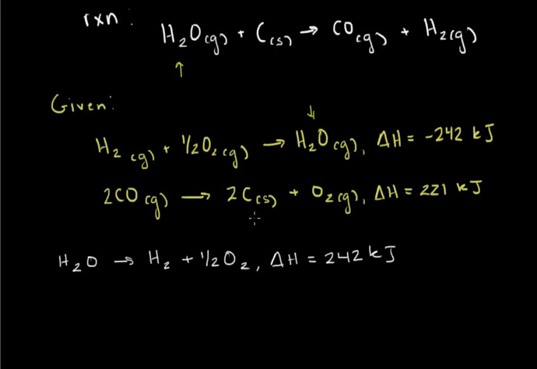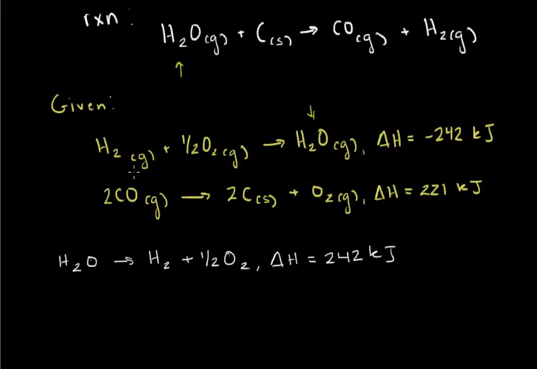Same thing over here. We see that we've got carbon monoxide as a reactant in this reaction and a product in our net reaction. So we're going to want to flip this to get carbon monoxide as a product. We also see that we only have 1 mole of carbon monoxide as a product over here, but if we flip this, we'll have 2 moles as a product over here.